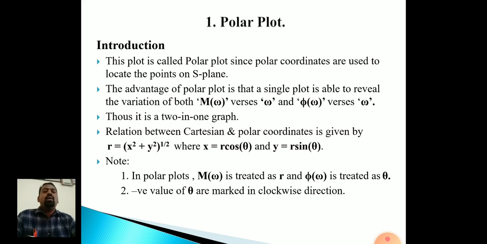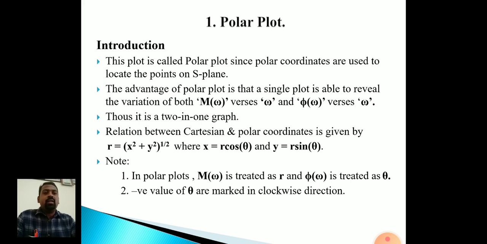So I told you, in polar coordinates we take the radius and theta, r and theta. Note here, in the polar plot, M omega is treated as r, nothing but the radius, magnitude ratio is taken as r, and the phase angle or phase shift is treated as theta.